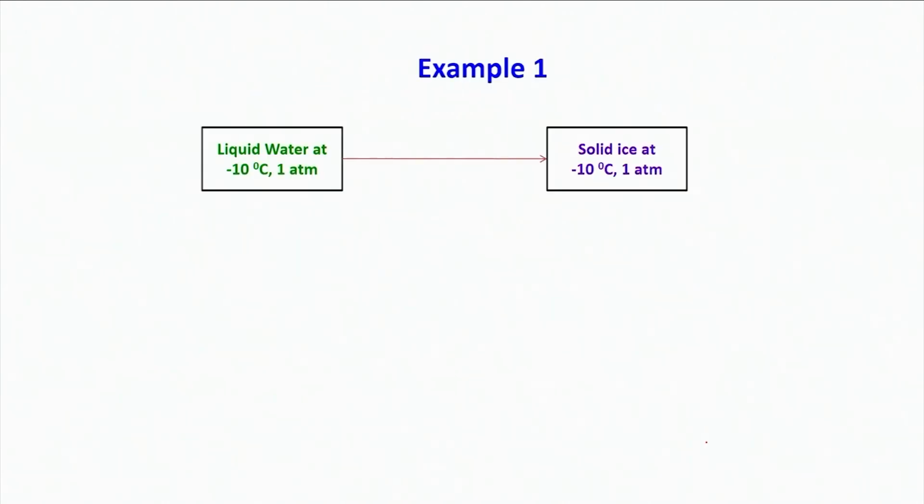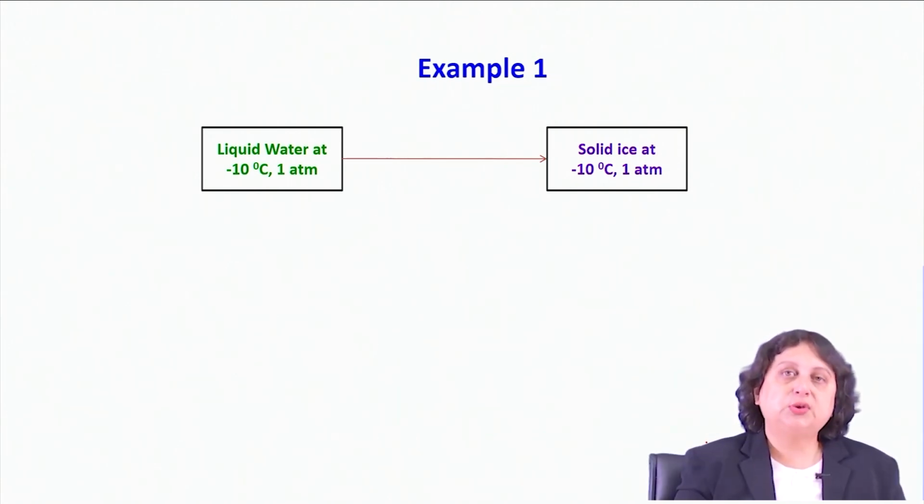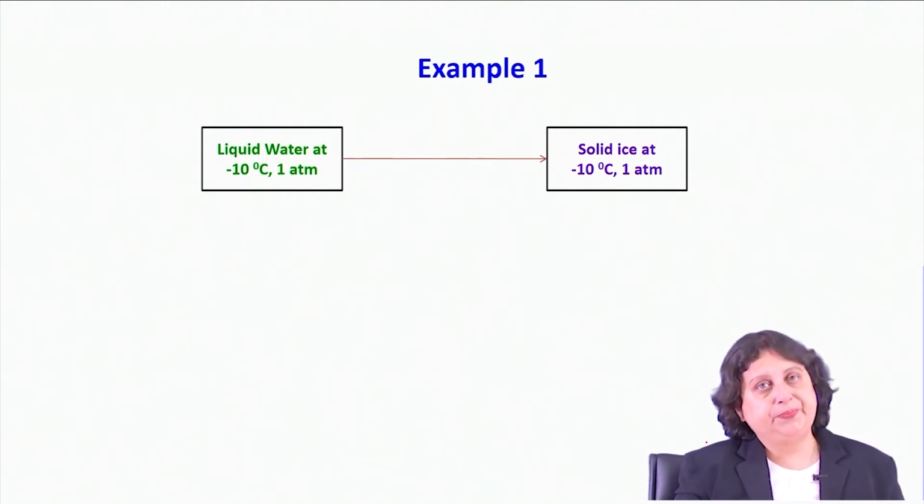Now, if you take water and rapidly cool it at a given pressure, you can get supercooled water even at a temperature of minus 10 degrees centigrade and 1 atmospheric pressure. But if you just even touch the vessel containing this supercooled water, it irreversibly solidifies into the more stable phase that you expect here, which is ice.